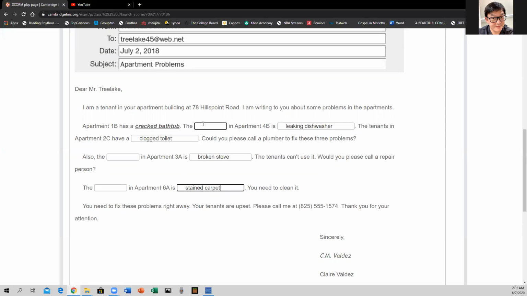Now here, I don't know what to put there. Oh, now I know. The dishwasher in apartment 4B is leaking. Okay, now I understand.